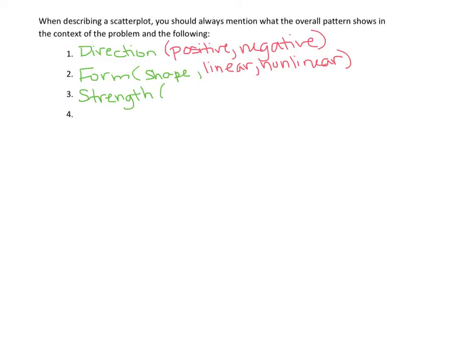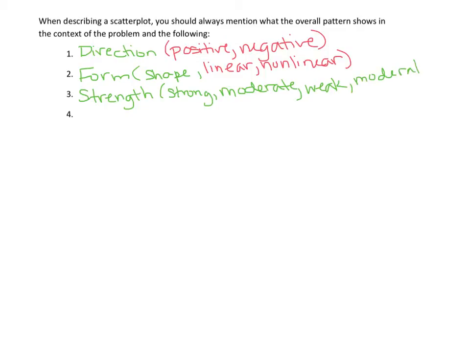And strength, you have a few ways to describe it. You can describe it as strong. You can describe it as very strong. You can describe it as moderate. You can describe it as weak. And you can also describe it as kind of a mix of all of them. So you can also say something like moderately strong.